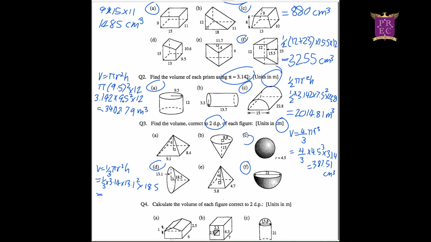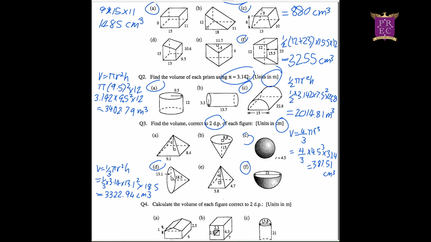Put this in the calculator. I got 3,322.94. They're asking us to put it into 2 decimal places, by the way. What are the units? Cubic centimeters.